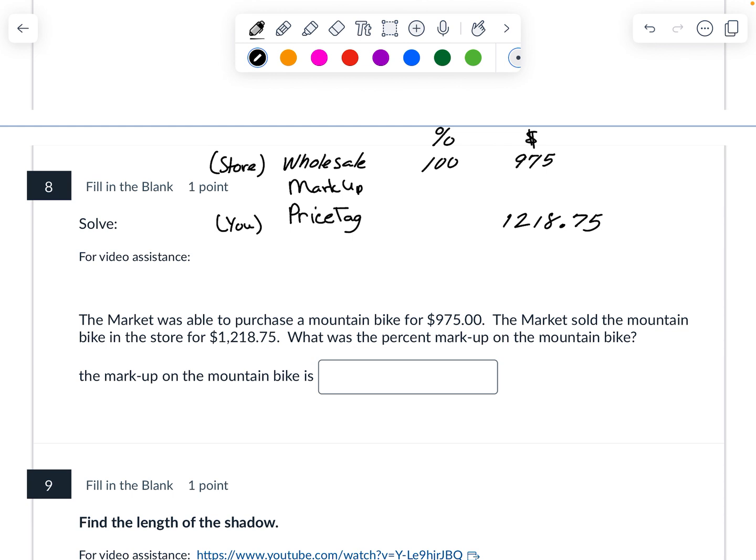Okay? And then the question says, what is the percent markup? So we're supposed to find this right here. We're supposed to find the percent markup. All right? We need to know what this number is.